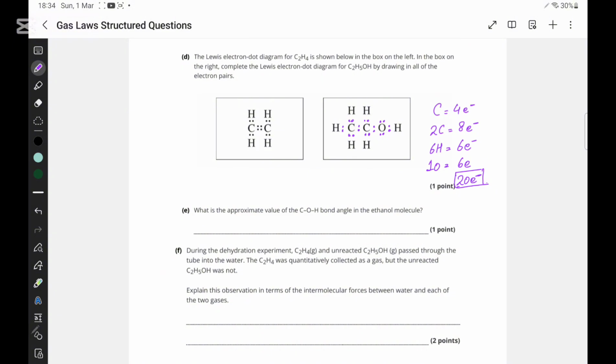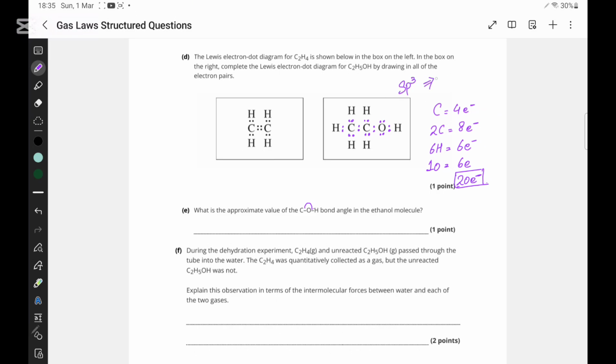And in part E they are asking for the approximate angle of COH. So the bond angle for COH, with oxygen in the center, is sp3 hybridized.